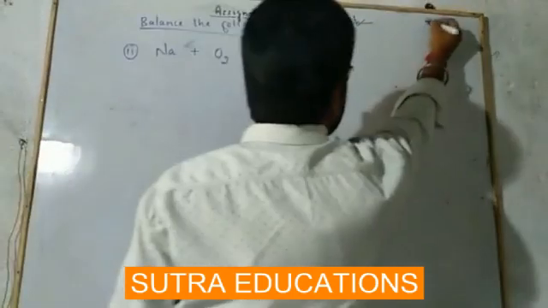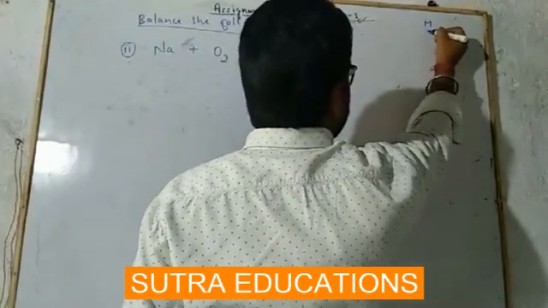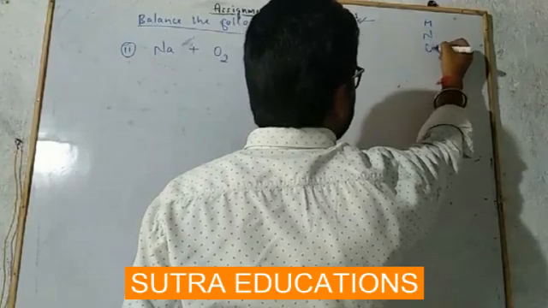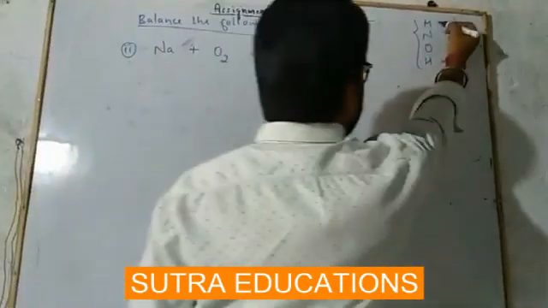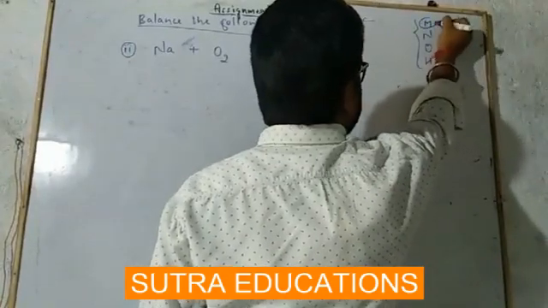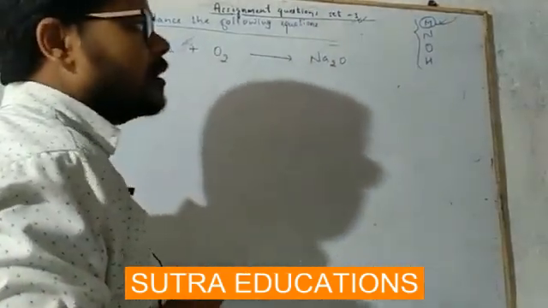Okay, rule is at first we have to balance metal, then non-metal, then oxygen, then hydrogen. This is the rule. So at first we will be checking the balancing of metal. We will be doing the balancing of metal.